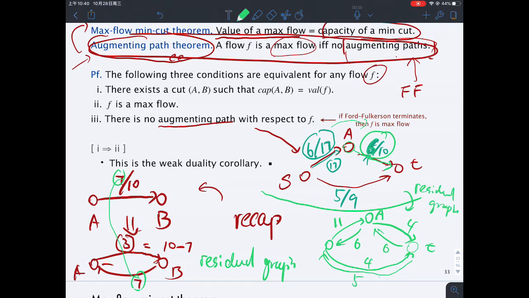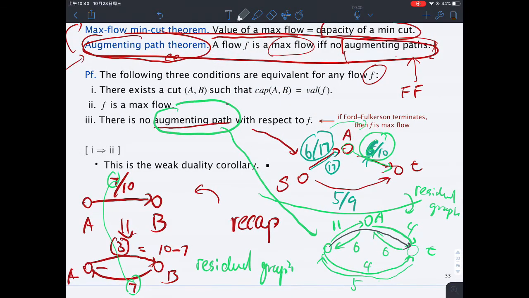And augmenting paths basically asks: within the residual graph, am I still able to find a path connecting S and T? So this is the augmenting path. Let me write that down: any path connecting S to T in the residual graph is called an augmenting path, right?